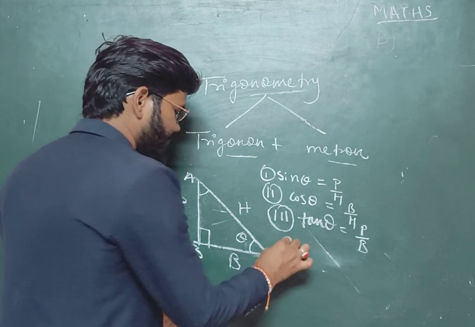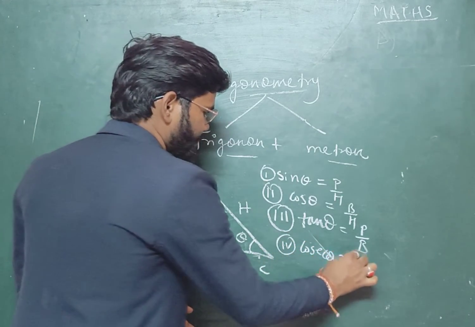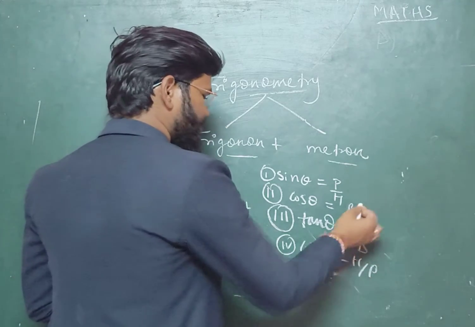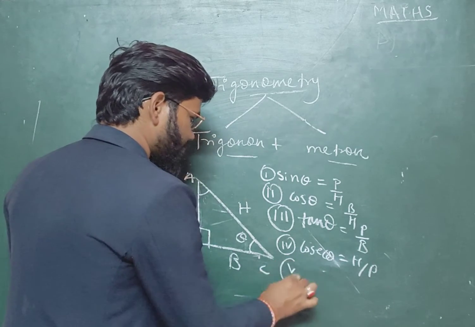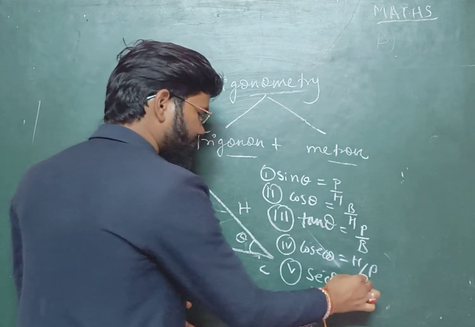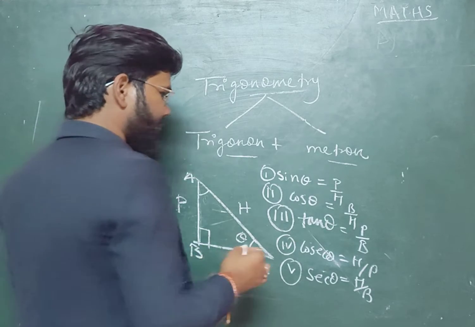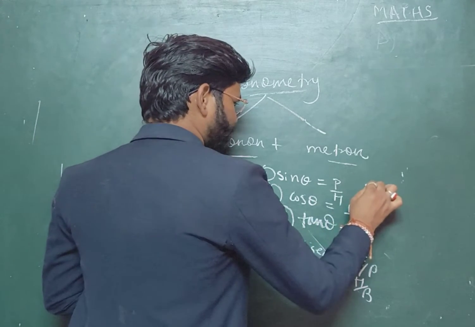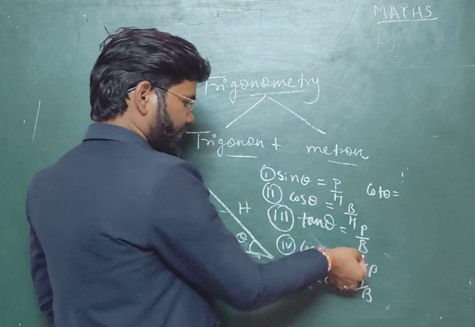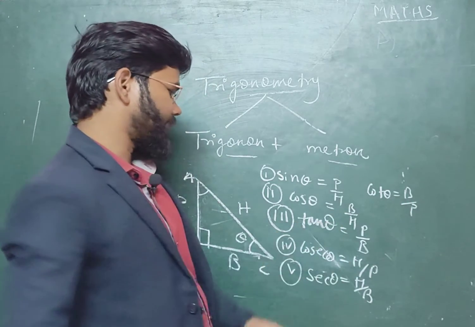So the fourth term is cosec theta equals H by P. The next term is sec theta, the reciprocal of cos theta, which is H by B. And the last term is the reciprocal of tan theta, that is cot theta. Cot theta equals B by P, because this is the reciprocal of tan theta.